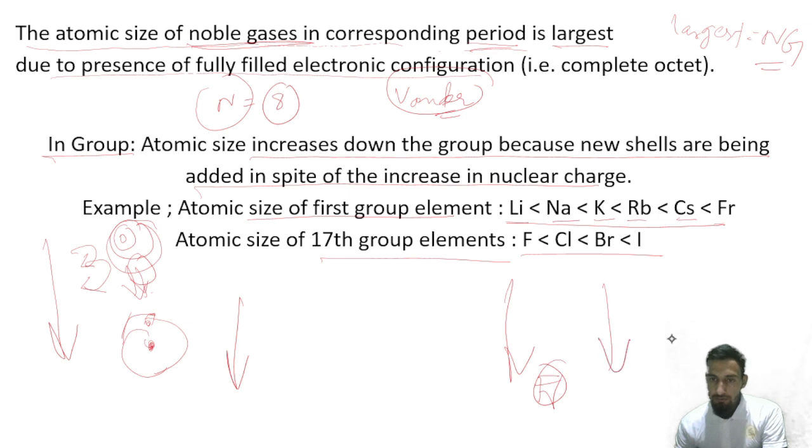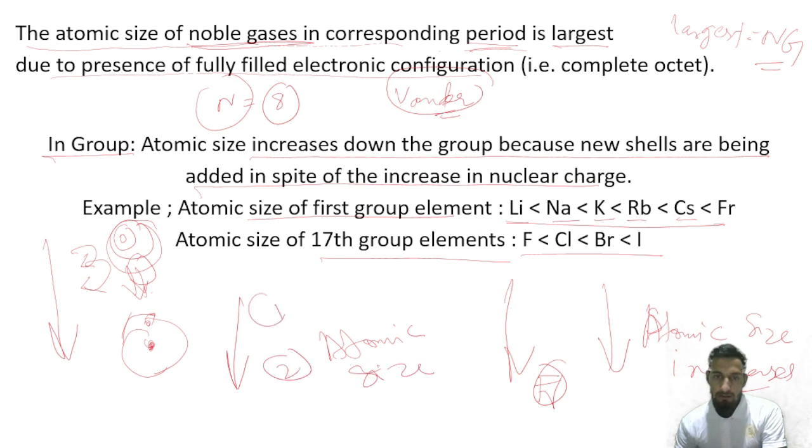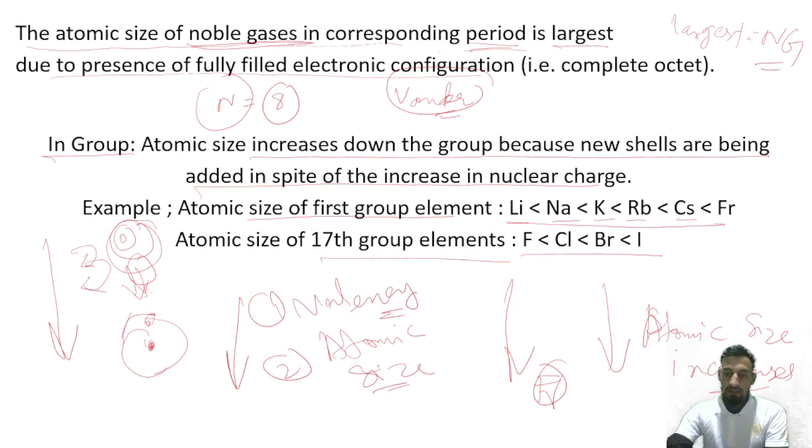So down the group, we can say atomic size increases. This was the second trend that we saw in this slide, that was atomic size. पहला हमने देखा था valency. Valency का ट्रेंड देखा, दूसरा atomic size का देखा.